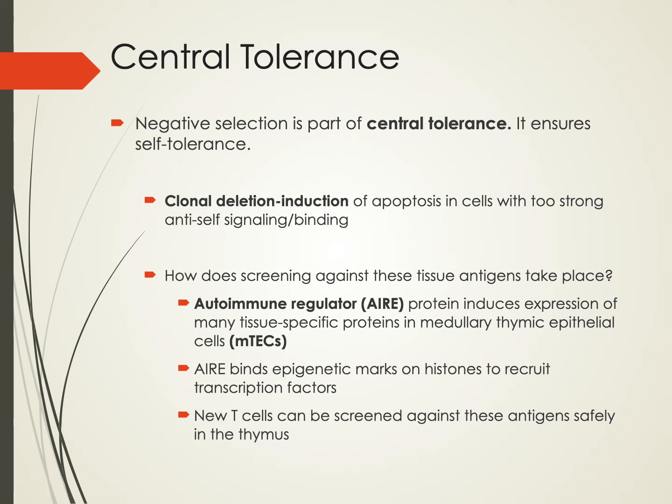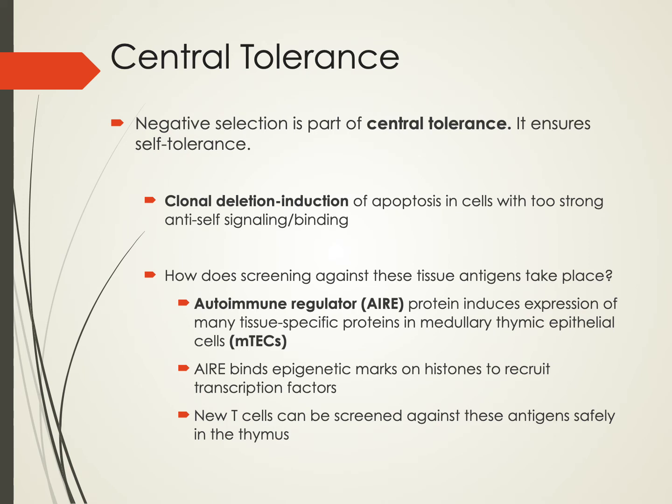So as that T cell goes back into the medullary tissue, so leaves the cortex, it's now single positive, it's going to interact with the epithelial cells there, and the epithelial cells are going to be producing proteins. So it turns on, remember that these cells have the whole genome, and so it turns on expression of proteins and then uses the proteasome in order to degrade them and then present them.